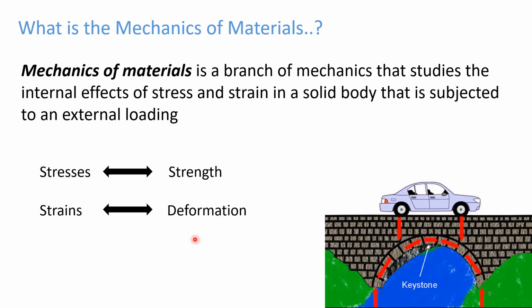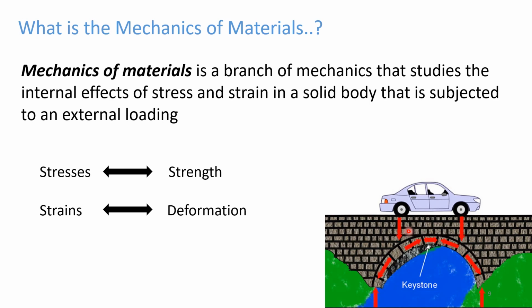The figure shows a bridge and a car on the bridge. What happens because of that car? The bridge is subjected to a particular load, and because of that load it creates a force.